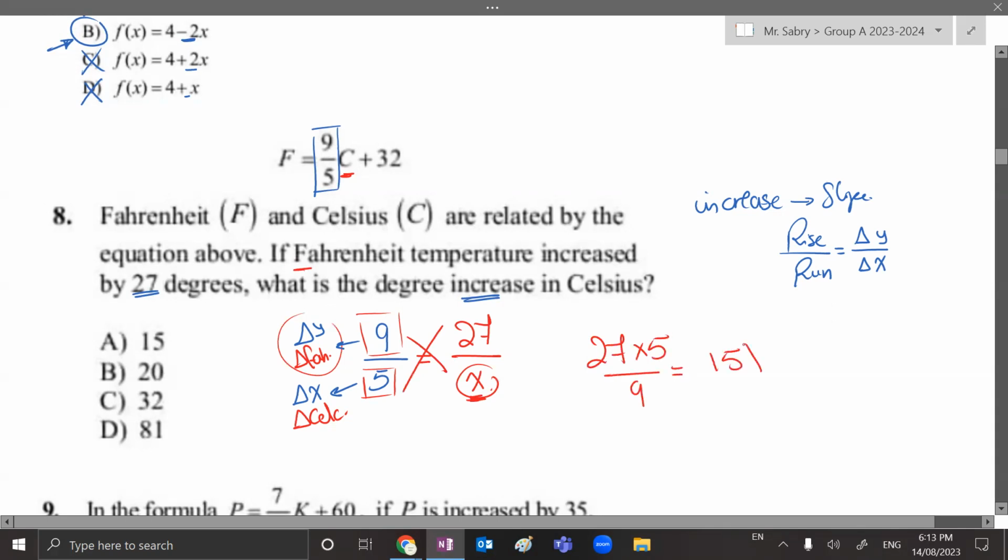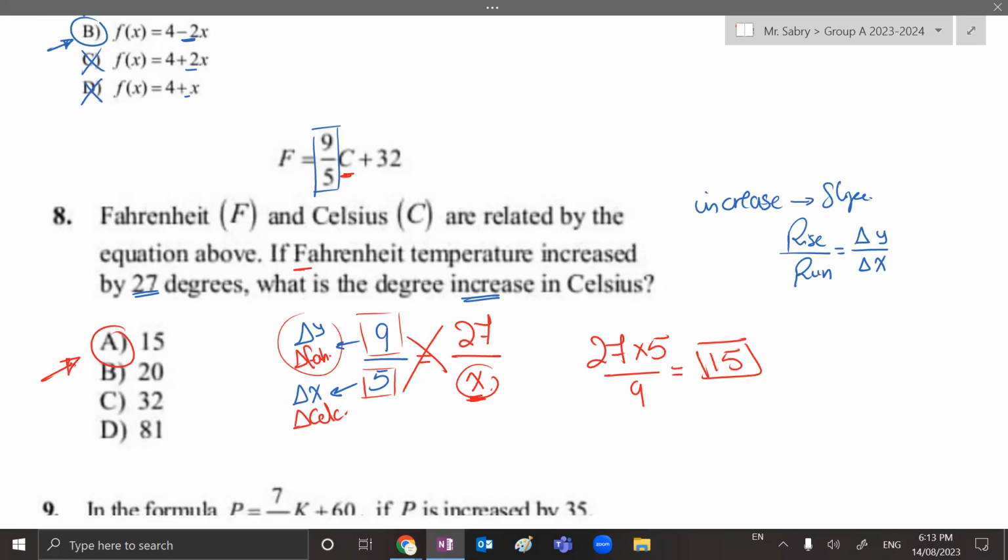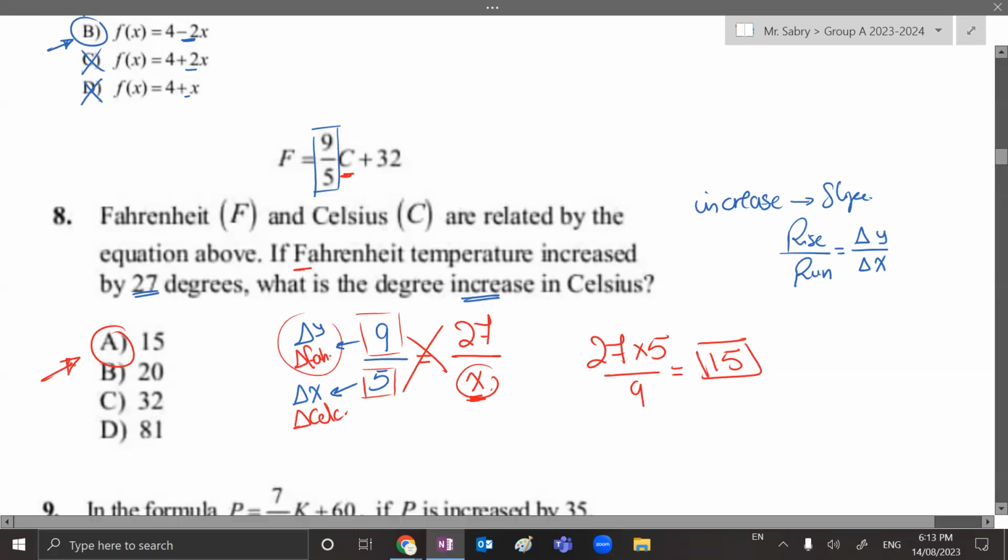That would be the answer, which is 15. So if the Fahrenheit increased by 27، whatever the Fahrenheit is، يعني مثلا لو الـ Fahrenheit 2 degrees Fahrenheit، فلو زودت من 2 خليتها 29 يعني زودتها 27، whatever الـ Celsius اللي كان طالع هيزيد 15.